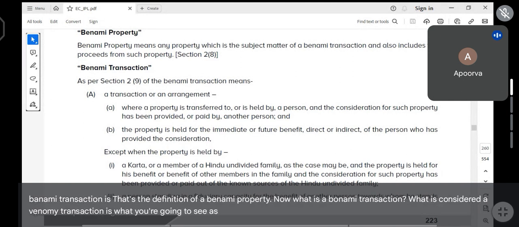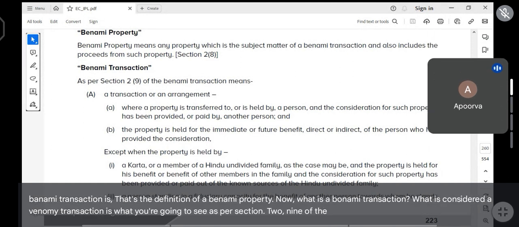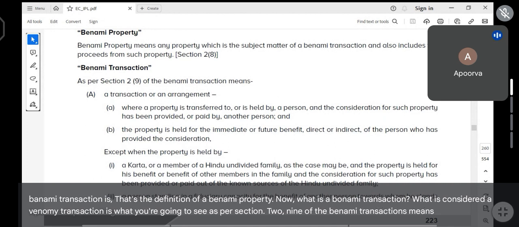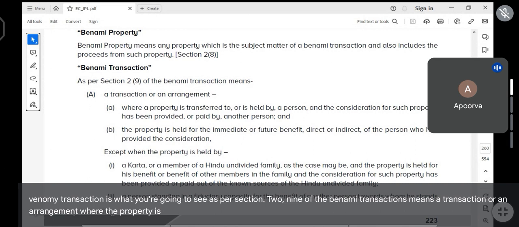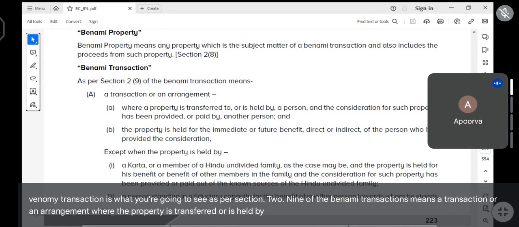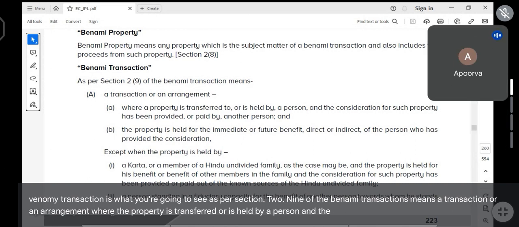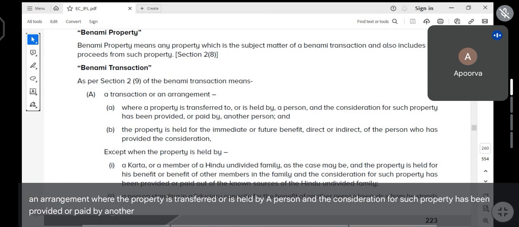As per section 2(9), Benami transaction means a transaction or an arrangement where the property is transferred to or is held by a person and the consideration for such property has been provided or paid by another person. So let's talk about a land.